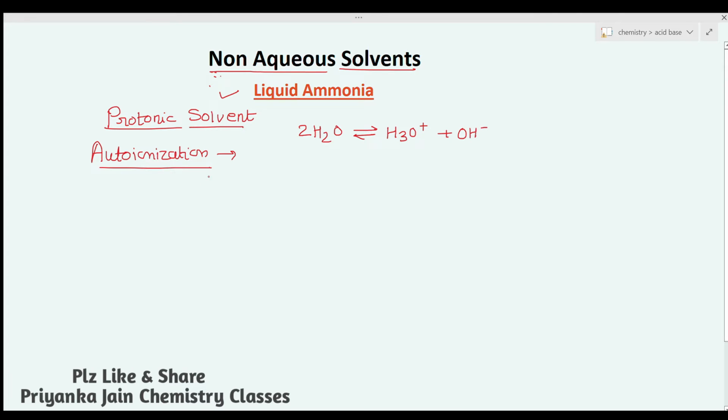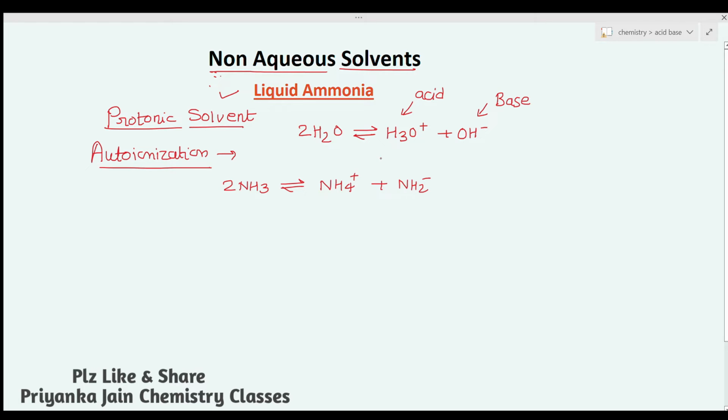Similarly, liquid NH3 self-ionizes and gives NH4 plus and NH2 minus ions. This is like water. In water, any species giving H3O plus is the acid, and any species giving OH minus acts as the base.